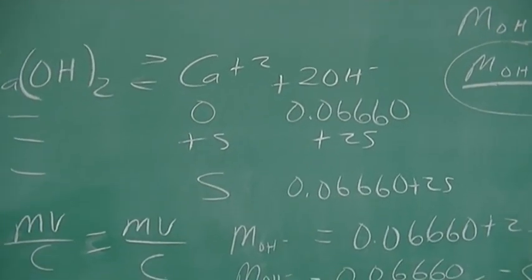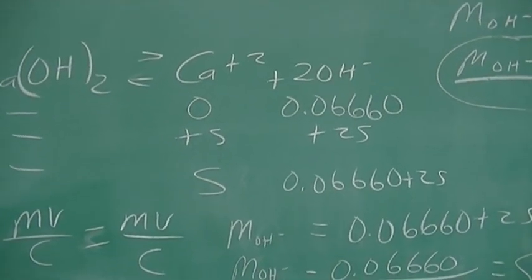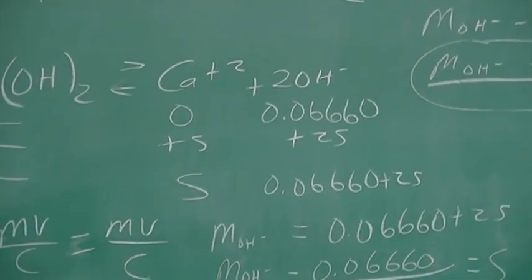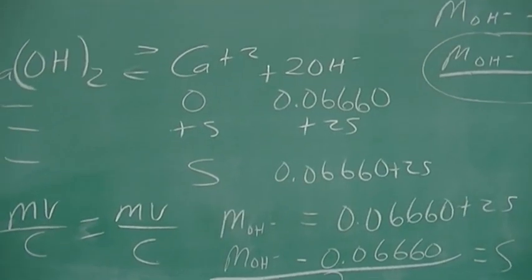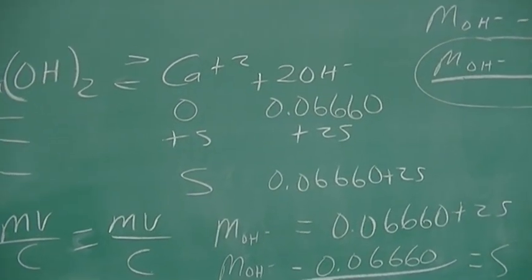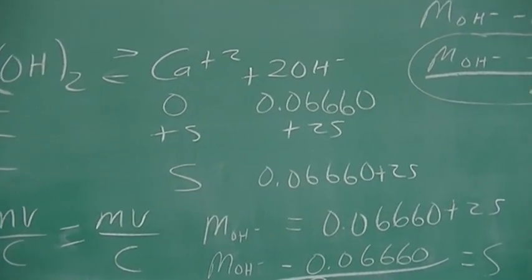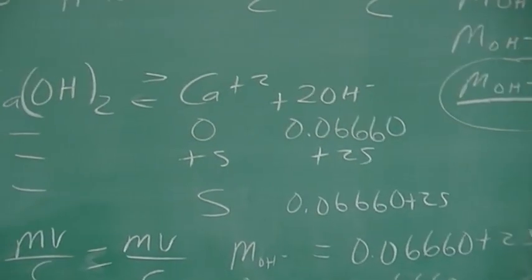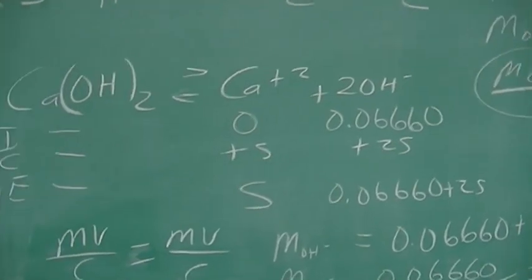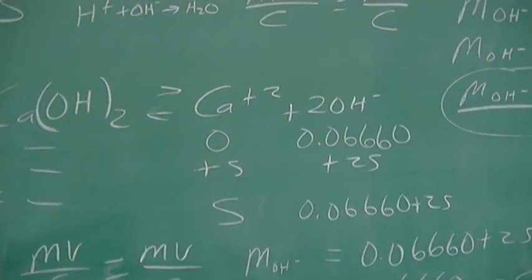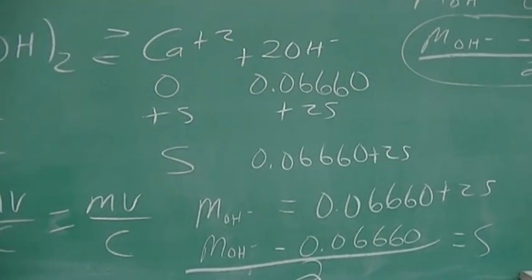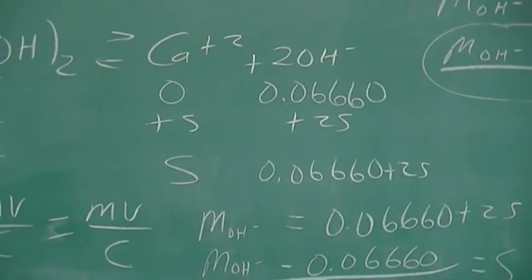We used 0.06660 molar OH minus. And so the amount coming to the right should be even less, which means our S value should be even lower. Again, the KSP should be a constant. That is an equilibrium constant, and it should be the same for all 3. There's going to be some experimental error, but theoretically they should all be the same.